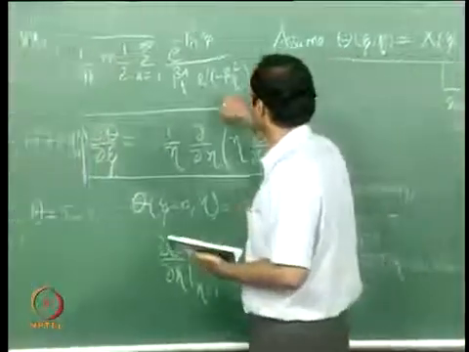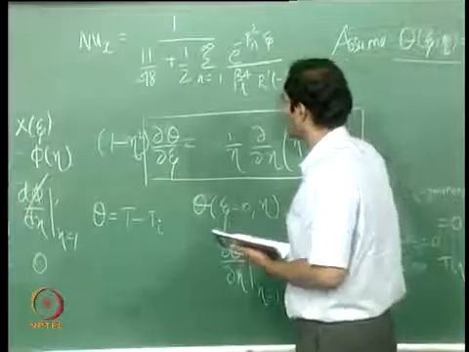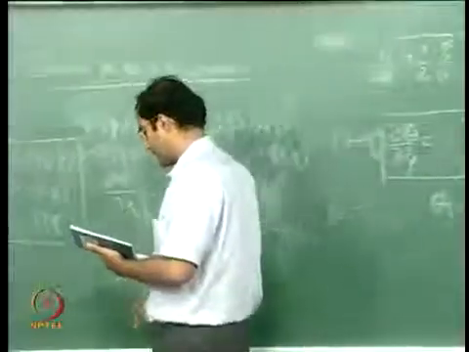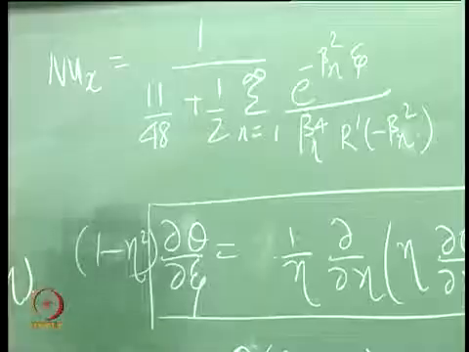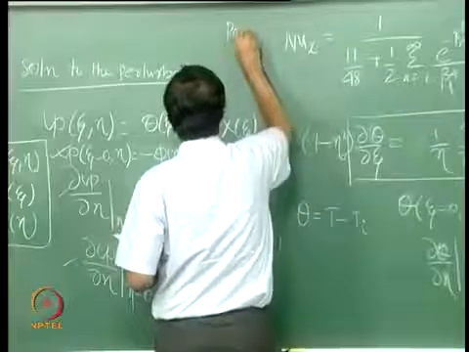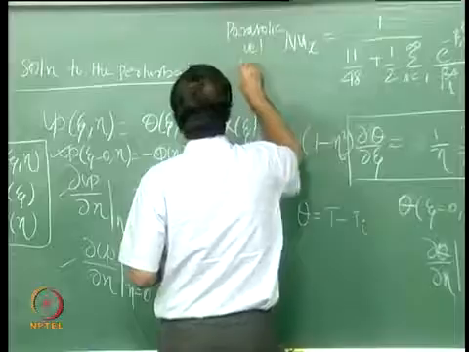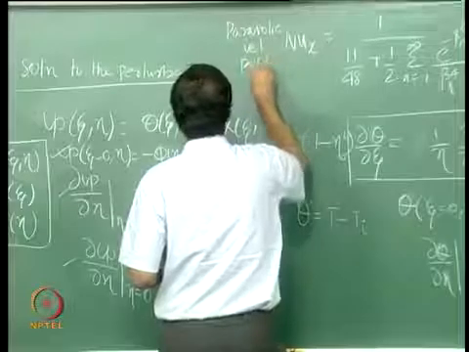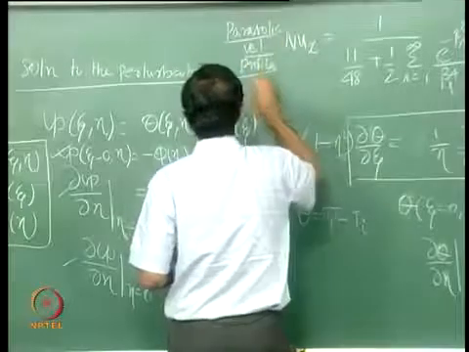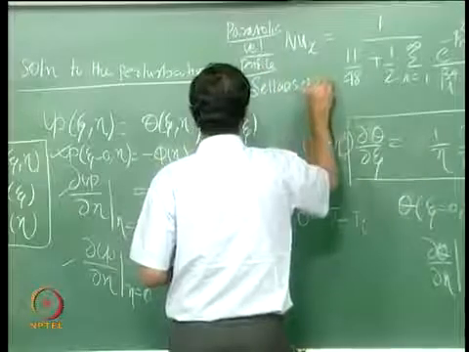And these are coefficients for different values of n, so this is beta n. Now he tabulated the values of beta n and r prime beta n. So this is the case for parabolic velocity profile. This is the solution by Sellars et al.